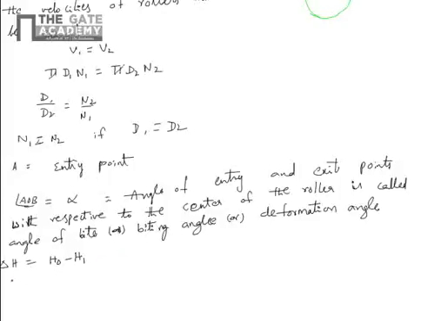So the assumption is the width of the strip remains constant, only length and height will change. Width of the strip remains constant. So volume of the material before rolling is equal to the volume after rolling.